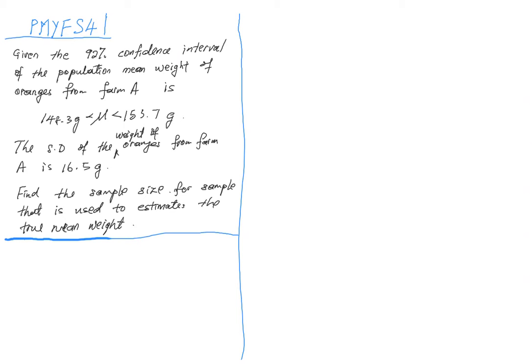We have this formula, correct? Z alpha over 2, that is the standard score, then the standard deviation of the population, divided by the square root of n, correct?